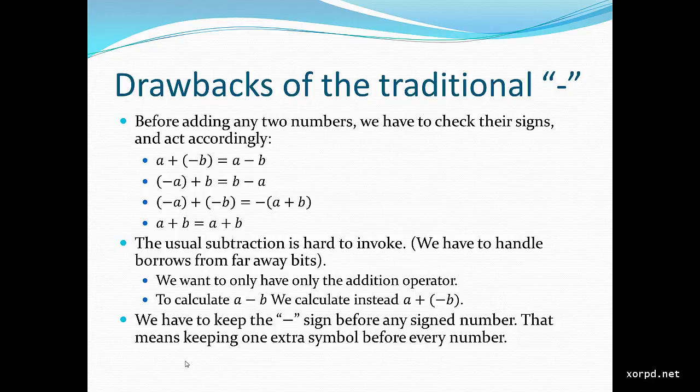That means keeping one extra symbol before every number. And mostly when we are dealing with the processor and assembly language and the usual computers we have, we don't have an extra symbol. We only have 0 and 1. We don't have three symbols like 0, 1 and minus. That might form a problem.